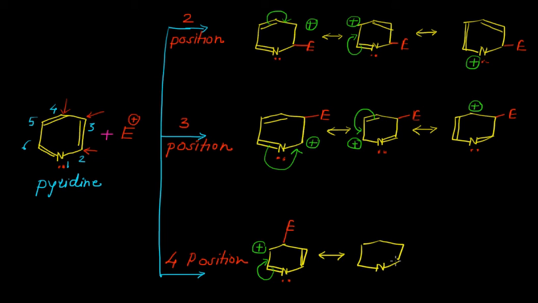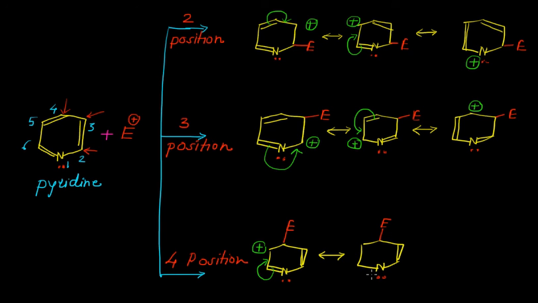Now in this structure you can see that the lone pair of electrons which is present on nitrogen will be there, and we have the electrophile at position number 4. The other bonds will be in the same position like this, and here you can see this positive charge will get delocalized onto this nitrogen.